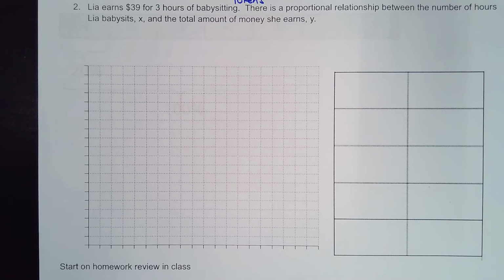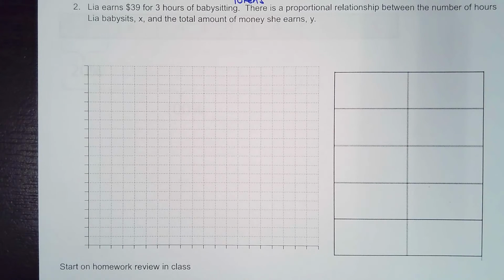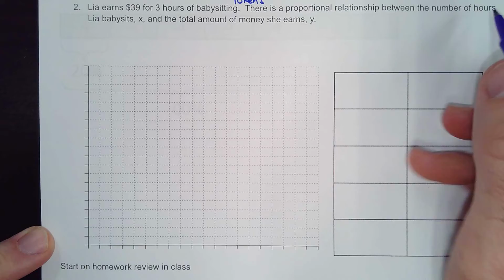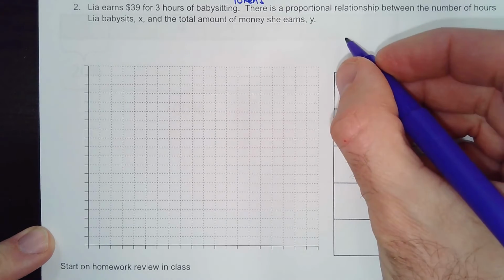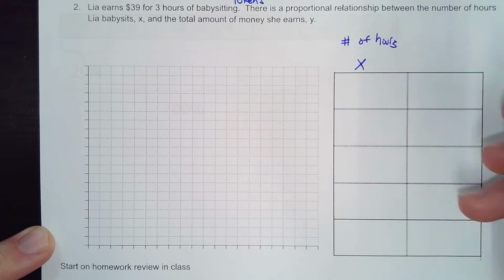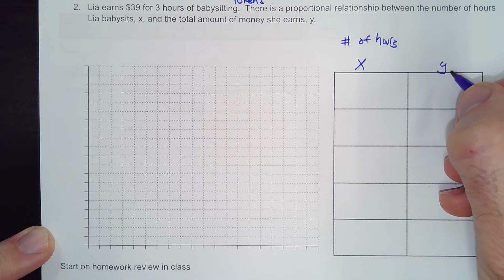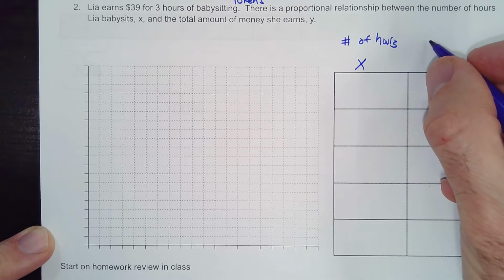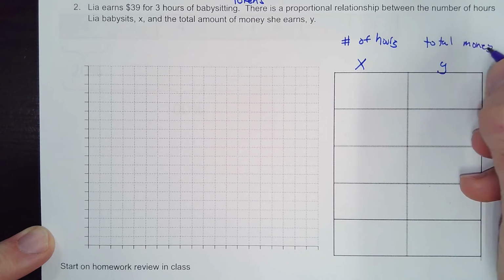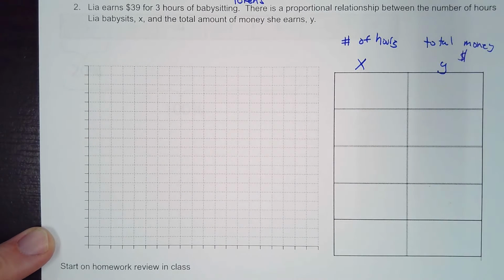There is a proportional relationship between the number of hours Leah babysits, x, and the total amount of money she earns, y. So x is number of hours. y is total amount of money, in dollars.